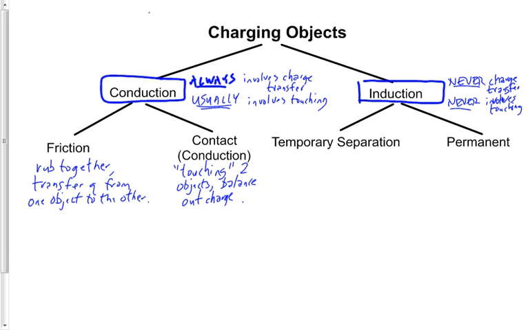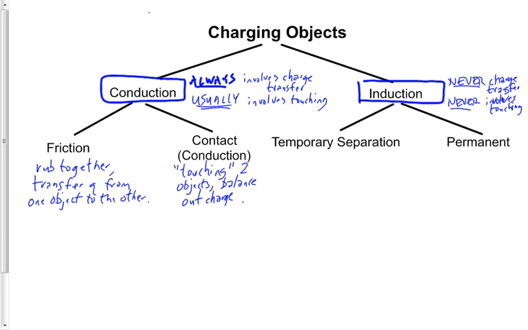Because it doesn't always have to involve touching. Ironically, charging by contact doesn't have to actually involve contact. If I walk across the carpet with my leather-soled shoes, and then I come close to Dallin, and I stick my finger out, then he can get a shock before I actually touch him, right? That's still charging by contact.